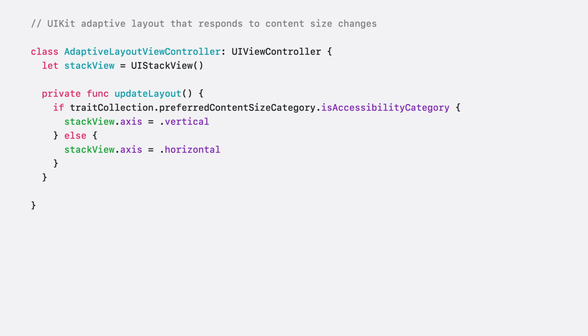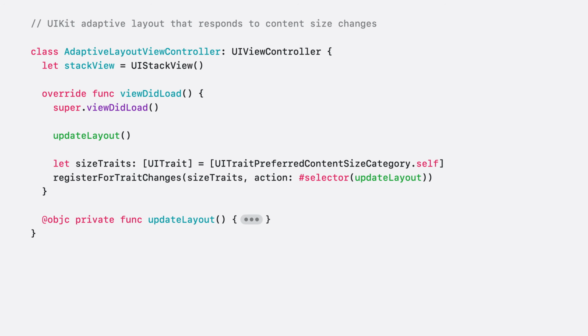In UIKit, use UIStackView and update the axis property based on whether the preferred content size category is an accessibility category. Call registerForTraitChanges and pass UITrait preferredContentSizeCategory to update the layout in response to size changes while your app is running.